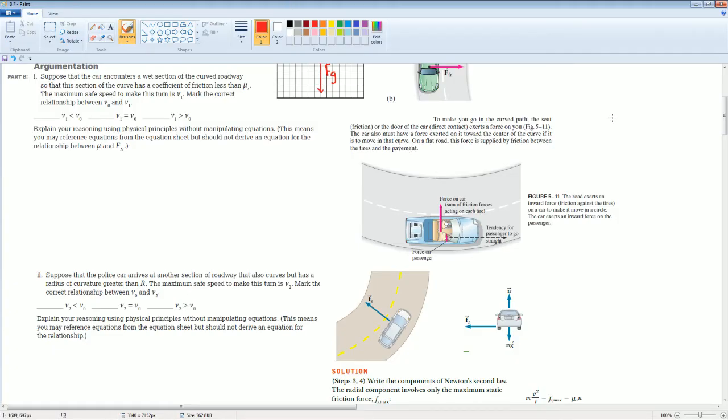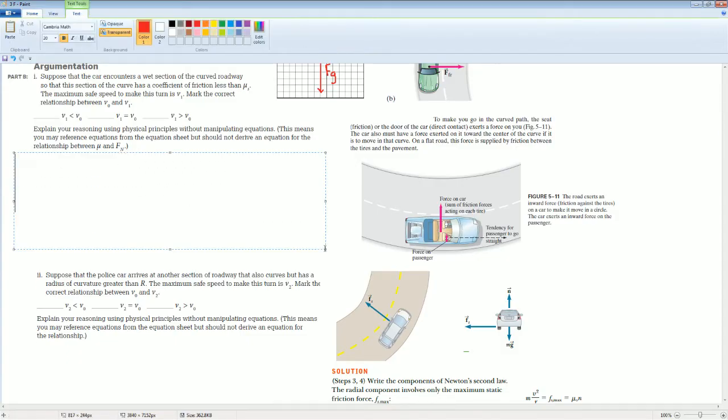What you can write here, based on this idea, is that the force is supplied by the friction force. The force pulling the car on the curve is the friction force.